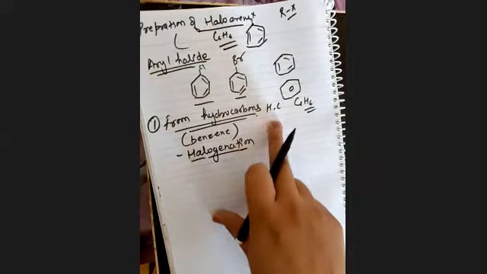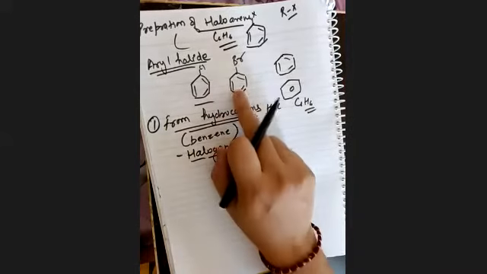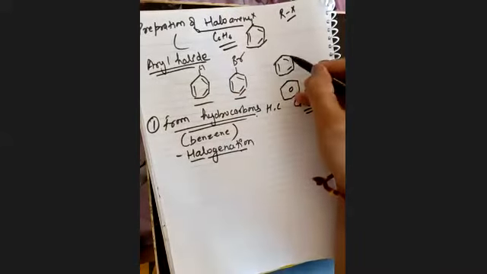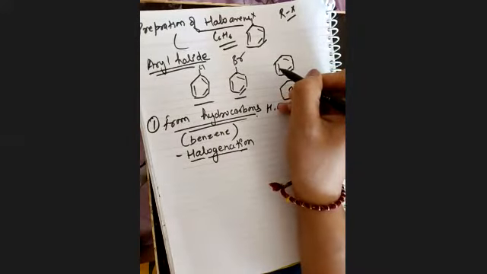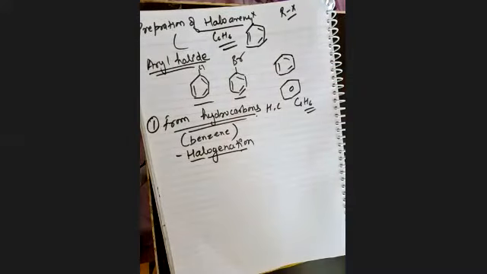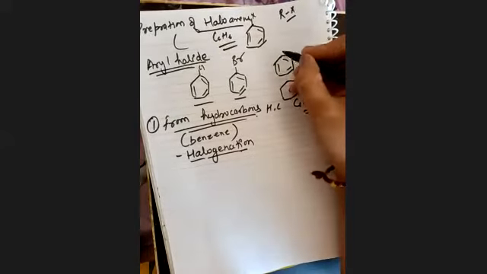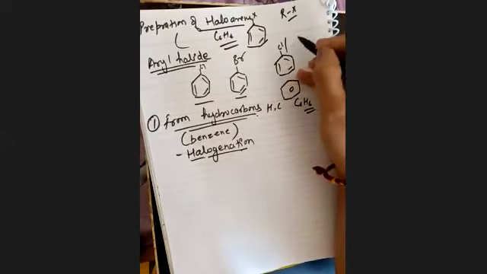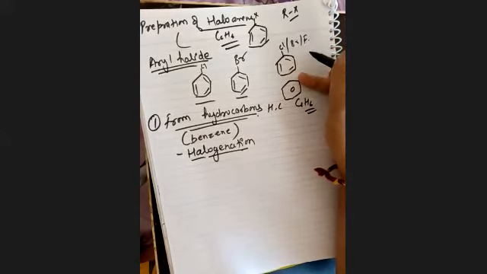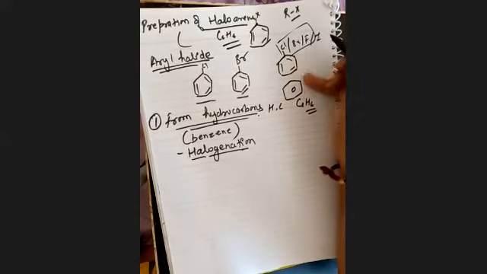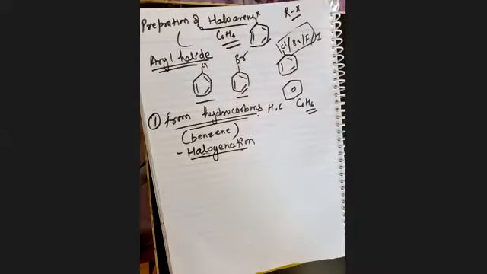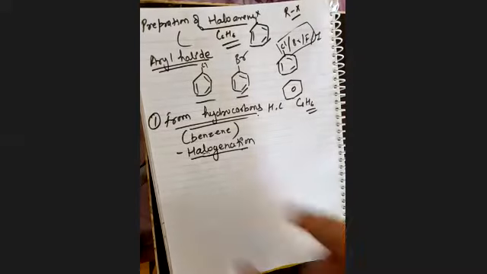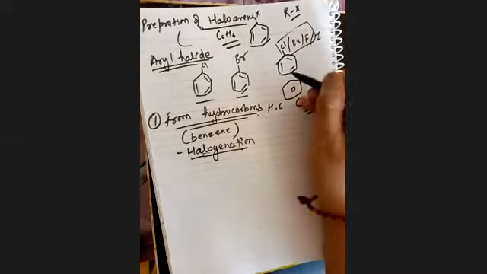We need to substitute the halogen into the benzene ring. तभी तो वो बनेगा, है ना? Individually this is known as benzene ring. But if you want to make it aryl halide, है ना? अगर हमें इसमें halogen substitute करना है, तो we need to add one halogen, either chlorine, bromine, fluorine, or iodine. It can be any halogen. So to do so, we need to go through the process known as halogenation. Halogenation is adding of halogen into the benzene ring.